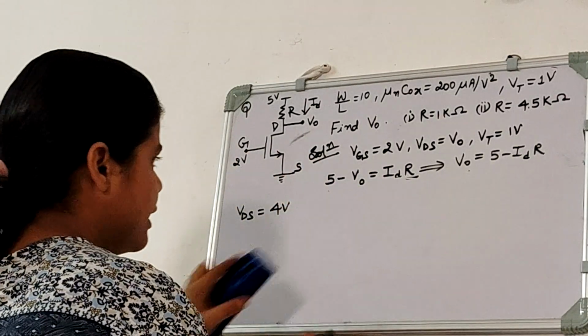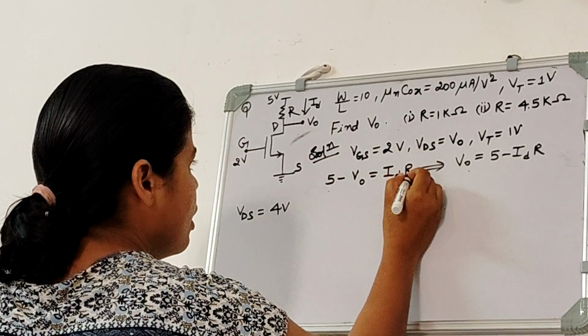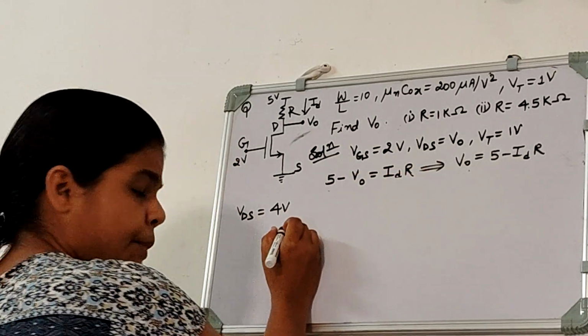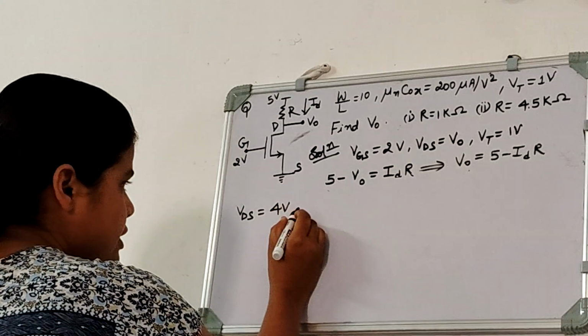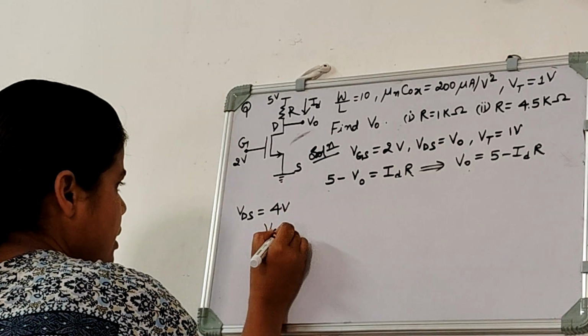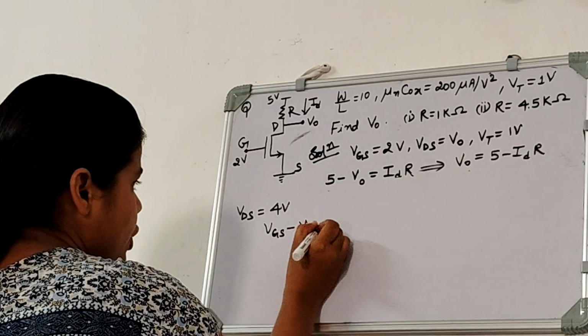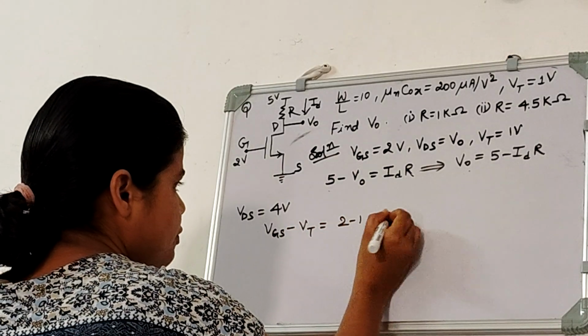For identifying the region, we need to compare VDS and VGS minus VT. Our VDS is 4 volt and VGS minus VT is 2 minus 1, that is 1 volt.